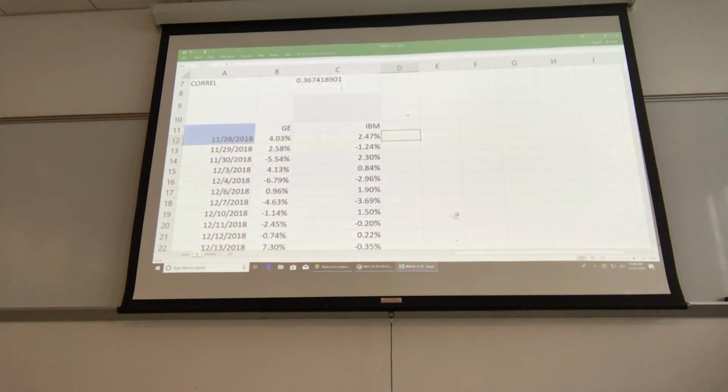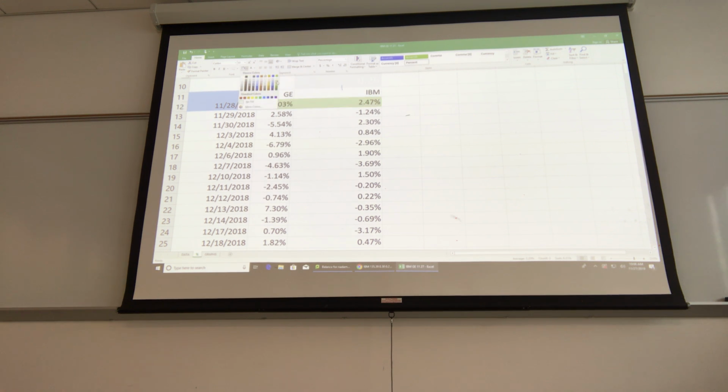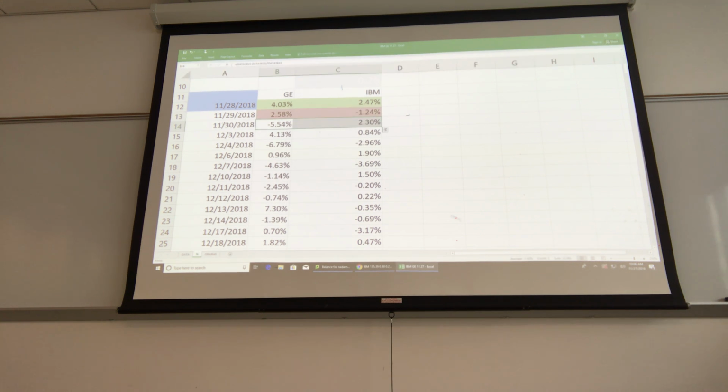What do I see here? I see one day that both stocks go up. I see the next day one stock goes up, but the other goes down. I see the following day the first stock goes down, but the second goes up.